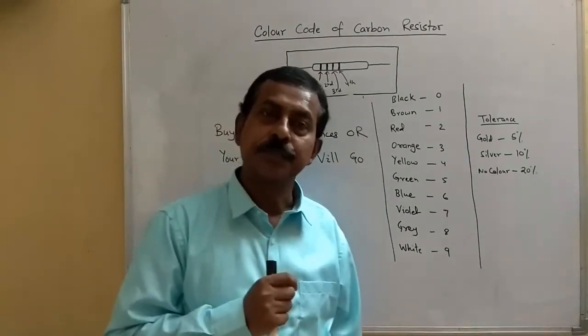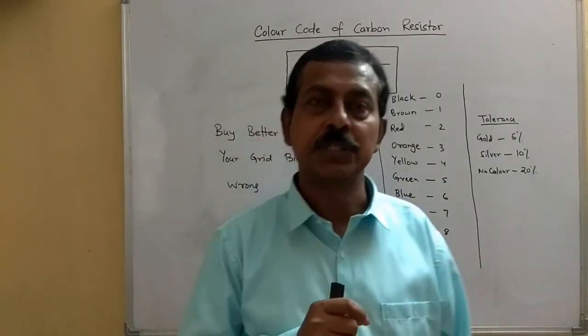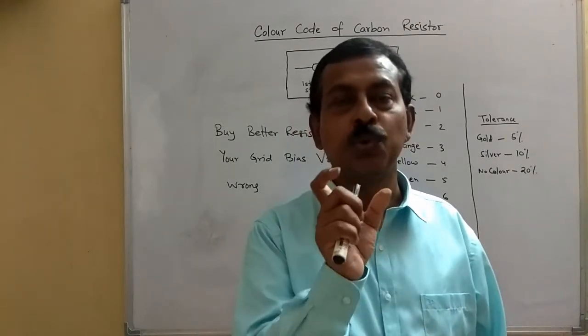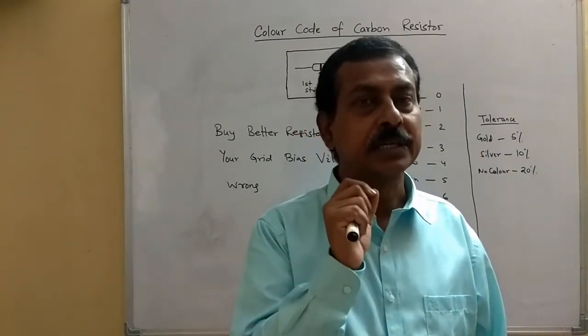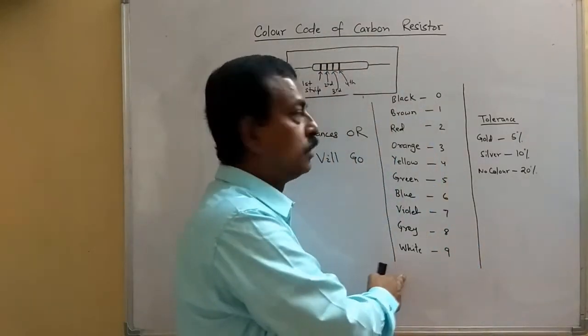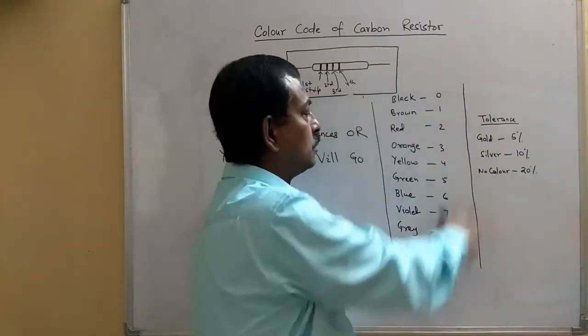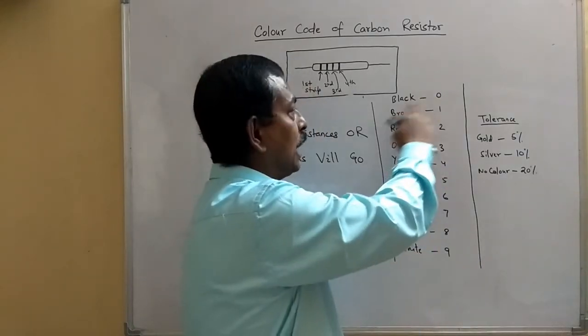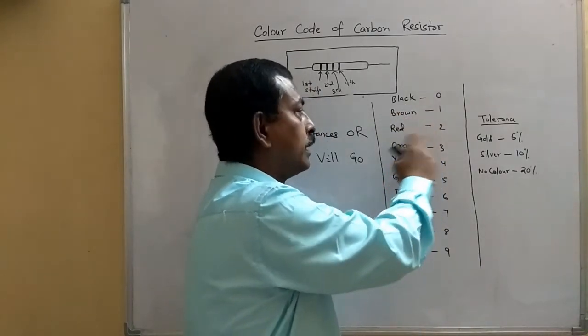For decoding the color code of carbon resistors, you need to know the values of the different colors, that is, what values they have been assigned. So you need to remember this sequence, that black is 0, brown is 1, red is 2, like that.